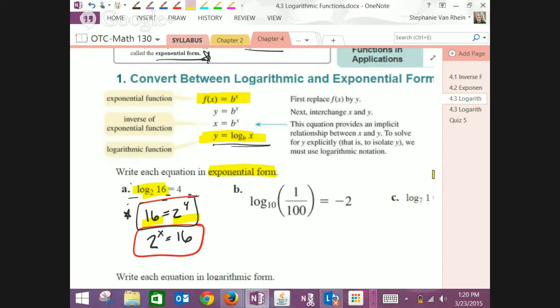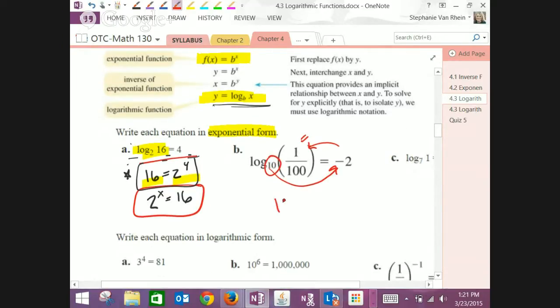There are some videos out there that will actually circle it and say this. They'll say the base to the exponential power equals 1 over 100. So this setup would be 10 to the minus 2 equals 1 over 100. I prefer to say if I wanted to cancel the left-hand side, if I want to get rid of that log, I would take 10 to that power, since this base is 10.